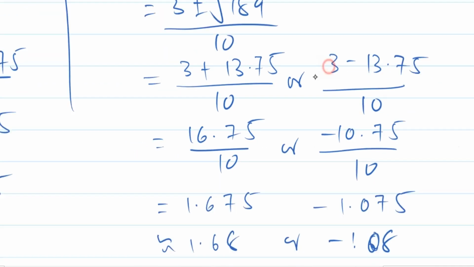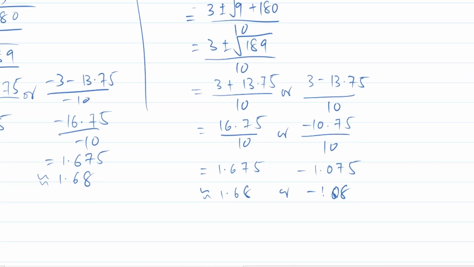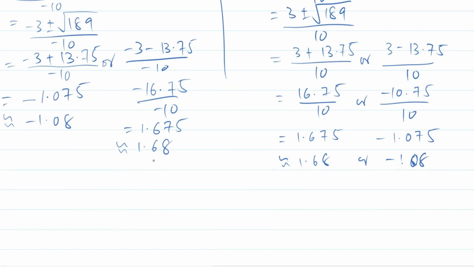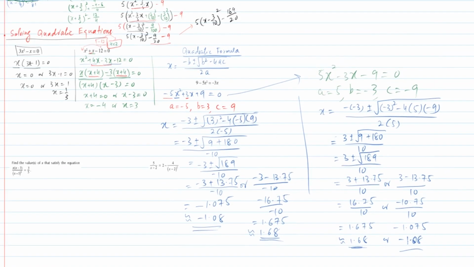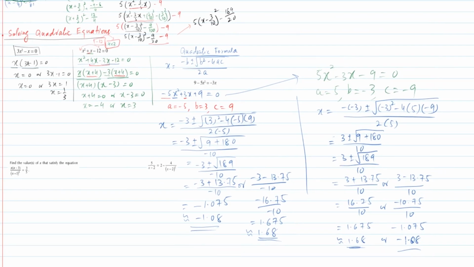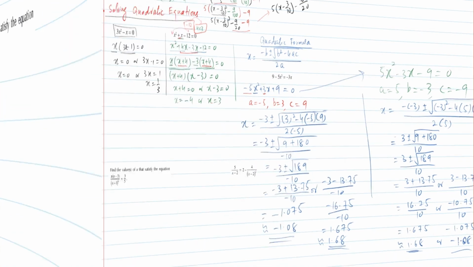So if you see, we are getting the same answers, 1.68 and minus 1.08. In the case of the quadratic formula it makes no difference, but in the case of factorization or the completing the square method, that makes the task easier.